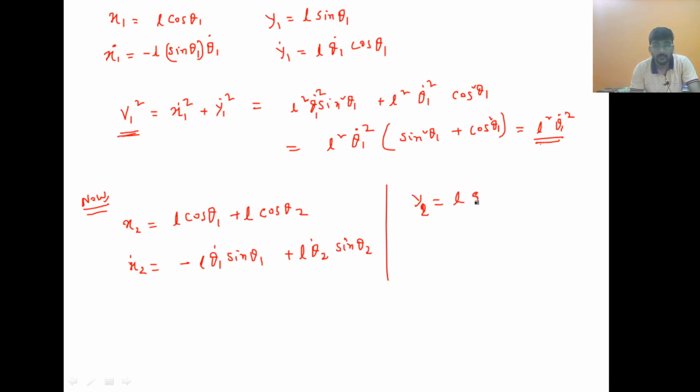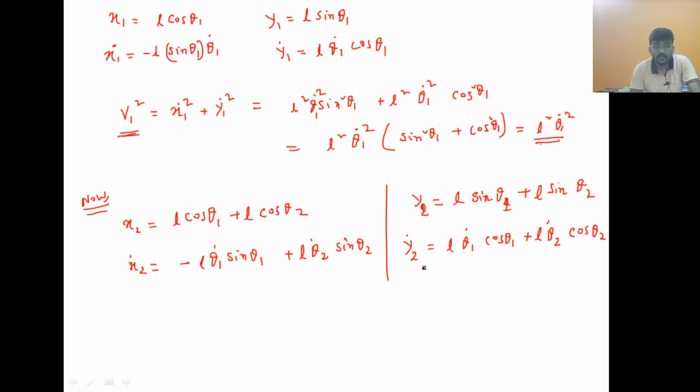Similarly, y2 is equal to L sin theta 1 plus L sin theta 2. So, y2 dot will be L theta 1 dot cos theta 1 plus L theta 2 dot cos theta 2.